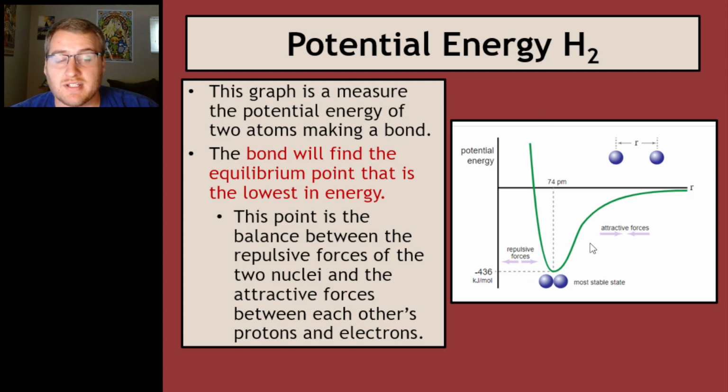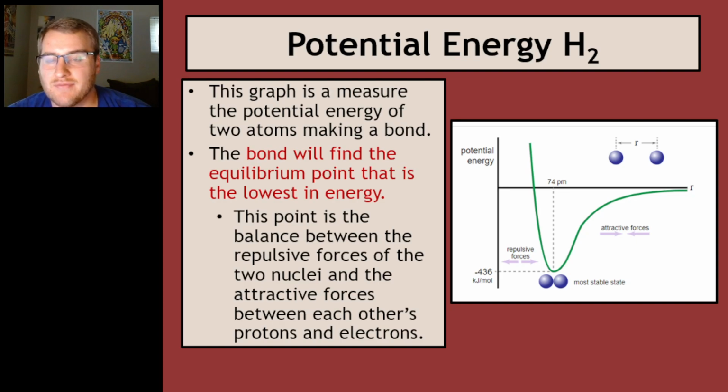The main things we need to take from this is that there's this perfect sweet spot, and that distance is the bonding distance, the bond length. That is the distance that these two atoms will always choose to bond. You'll notice over here, if we look at the energy, it saves 436 kilojoules per mole.